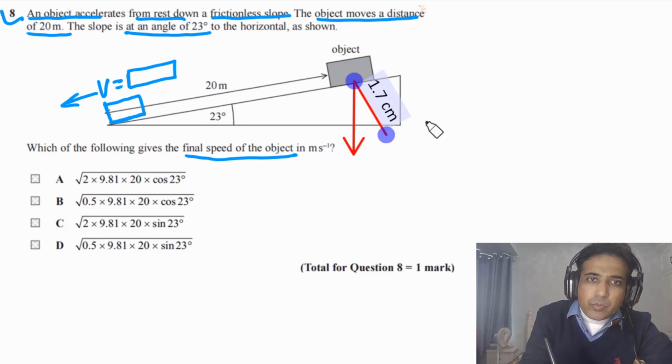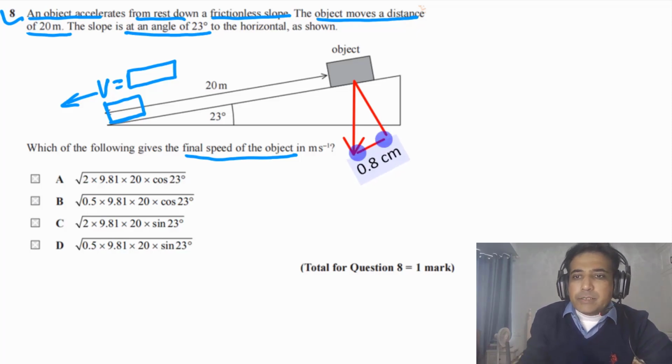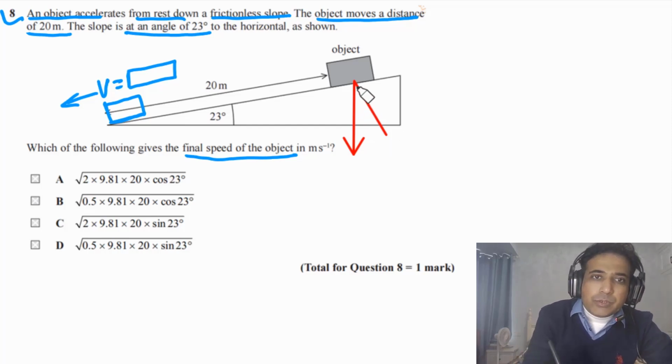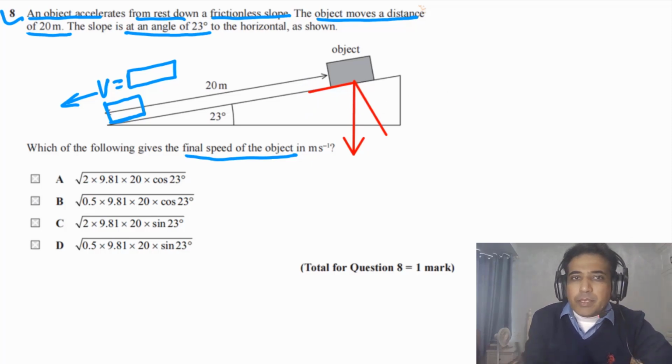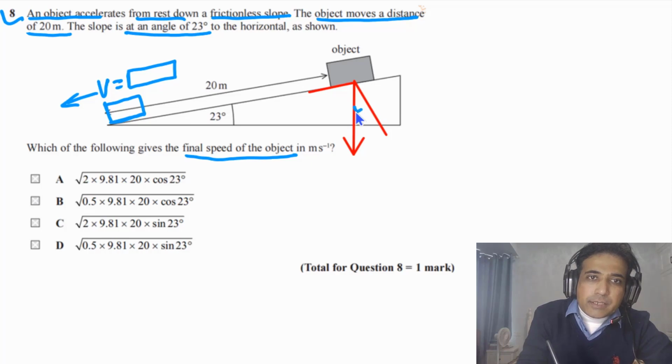This is one component and this is the other component, the component of gravity. So these are two components. This angle will be 23 degrees, and this component is perpendicular to the plane, and this one is along the plane.